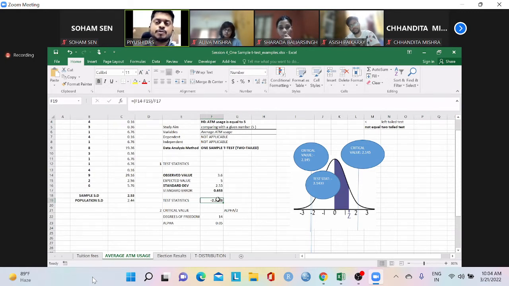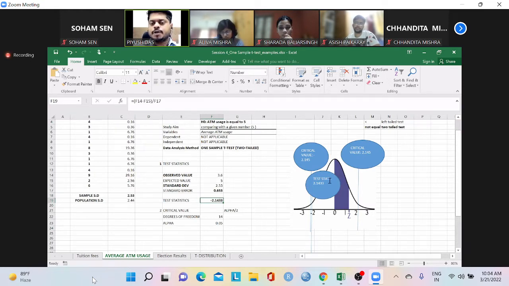Because the data which I was getting is against the null hypothesis. If the sample data which I am getting is within the range of critical value, right? The null hypothesis cannot be rejected because whatever information I'm getting is in line with my null hypothesis. That is believing that the null hypothesis is true, right?